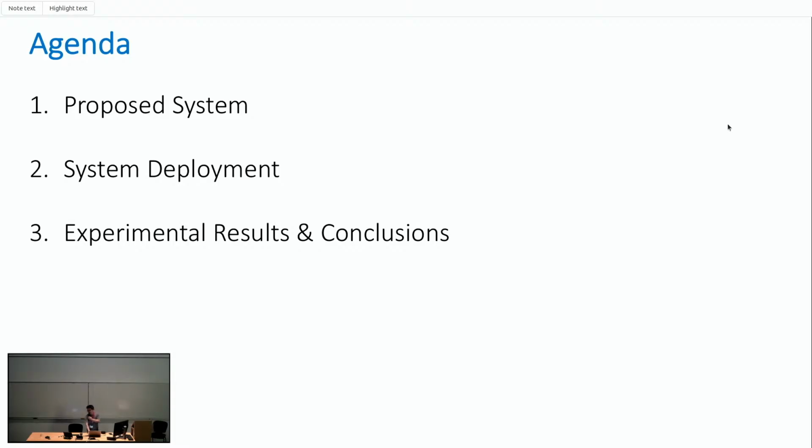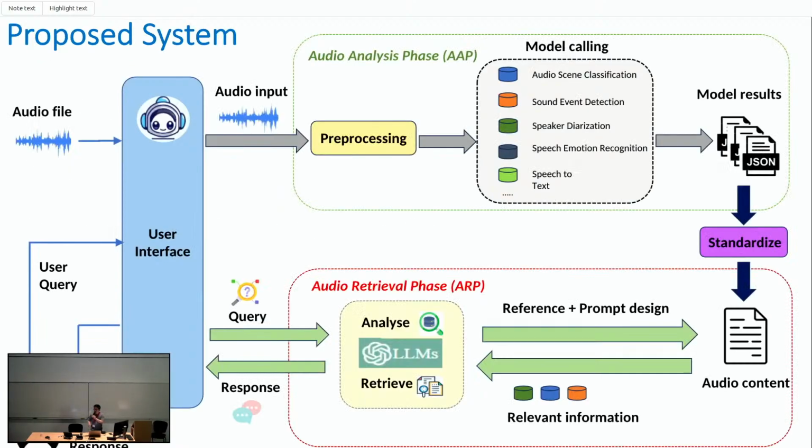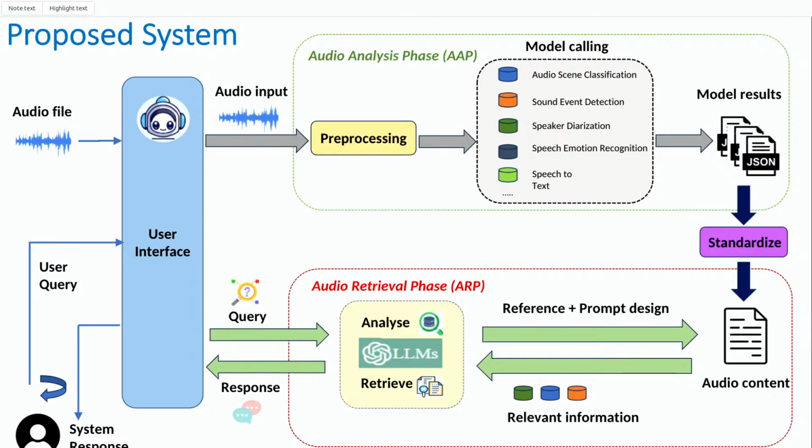The agenda includes three sections: proposed system, system deployment, and experiment results and conclusion. The first one is the proposed system. Our proposed system comprises three main components. The first is the user interface, where the user can interact with the tool.